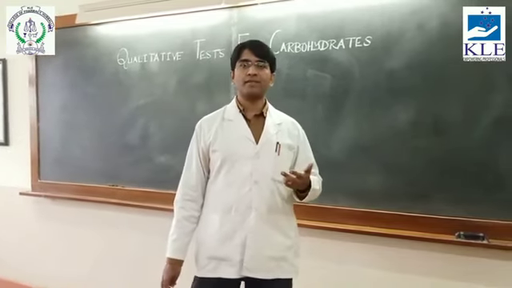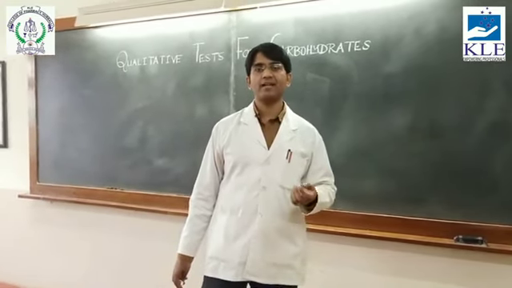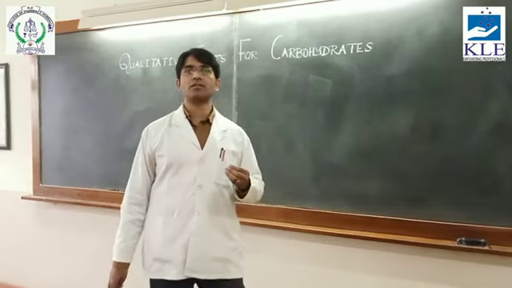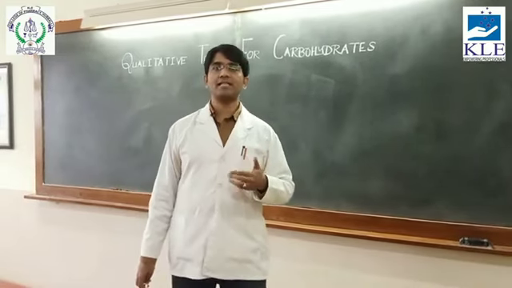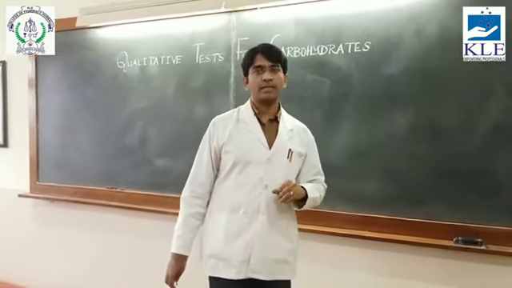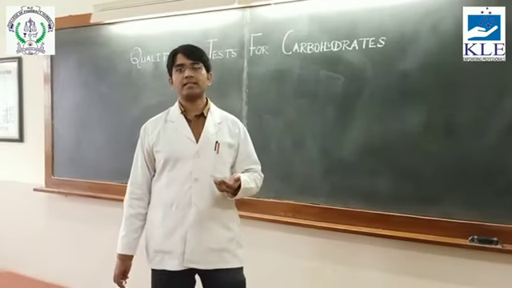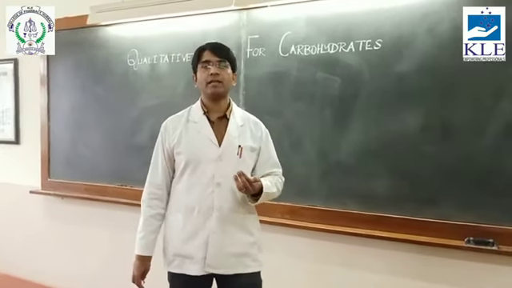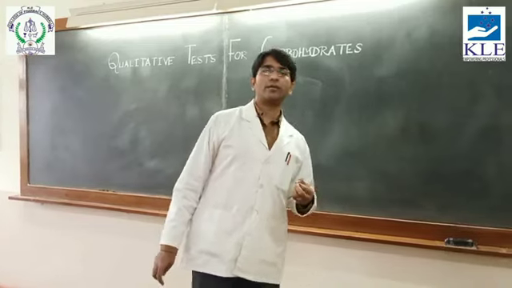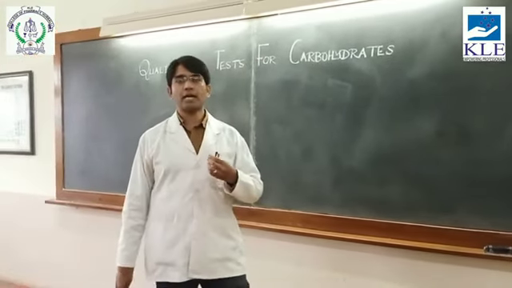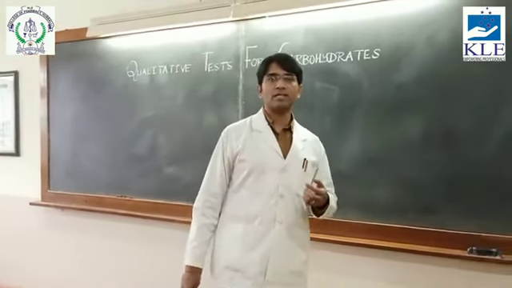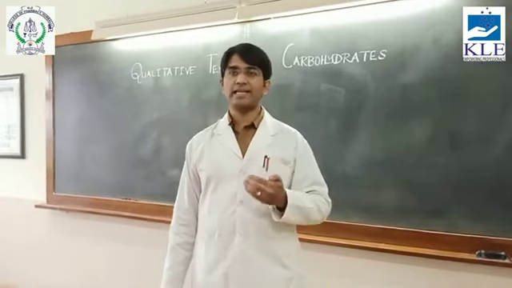Then there are two tests, Benedict's test and Fehling's test, which enable us to identify whether the given sample is a reducing sugar or not. Then the Barfoed test enables us to know whether the given carbohydrate sample is a monosaccharide or a disaccharide.